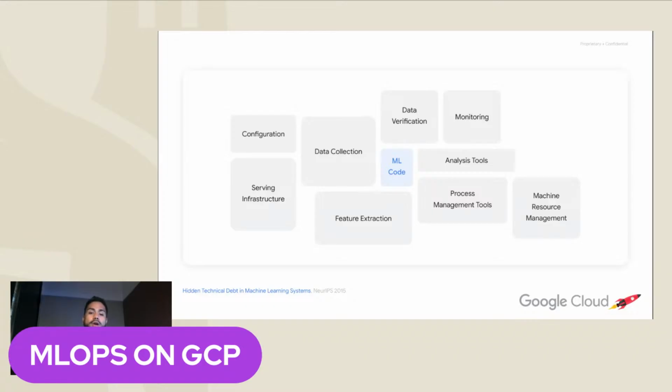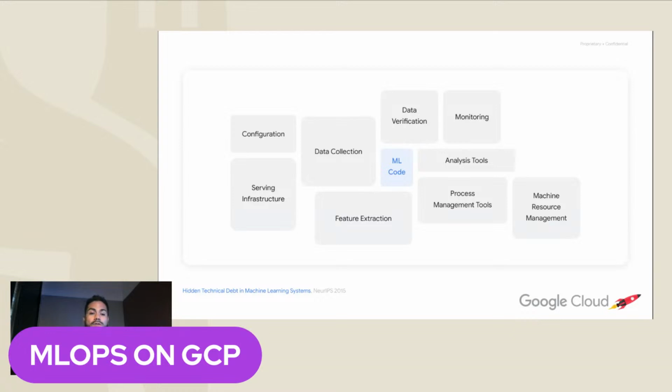When it comes to putting that machine learning model into production, there are things that we have to take into consideration, such as how are we going to collect this data in the long term? How are we going to verify that our data processes are valid as we proceed and our model grows with time, right? How are we going to monitor things like training and data skew, right?